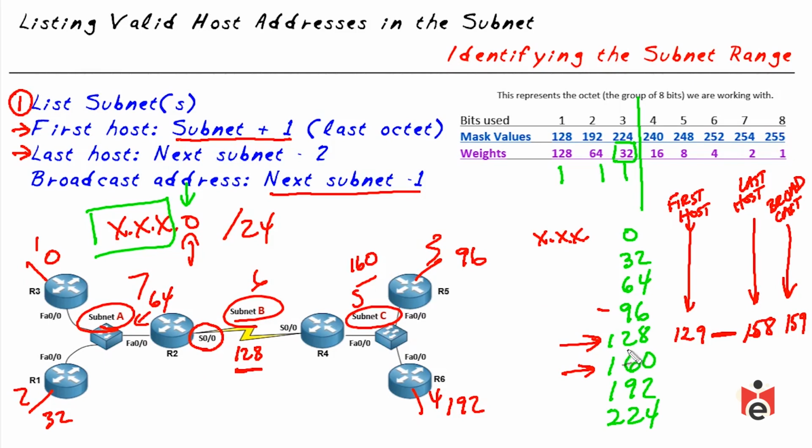We couldn't use 128 because that's the actual street name all by itself. That is the subnetwork address. First valid host is 129, last valid host is 158, and regarding this subnet right here, the broadcast address that we would associate with this subnet is 159. One more IP address higher, and we're looking at the next subnet.